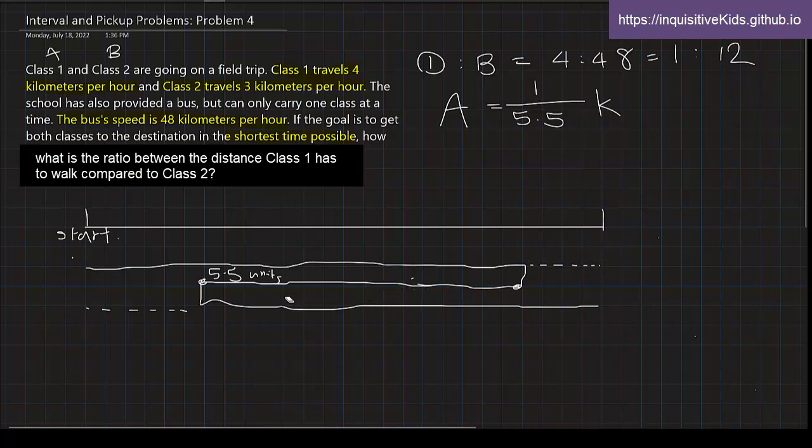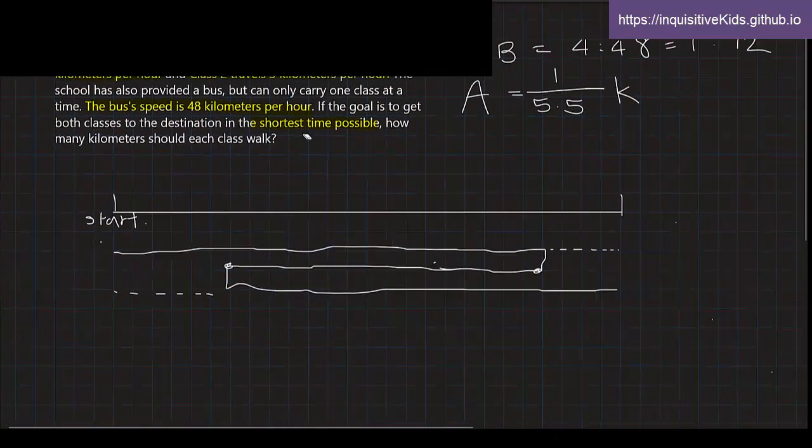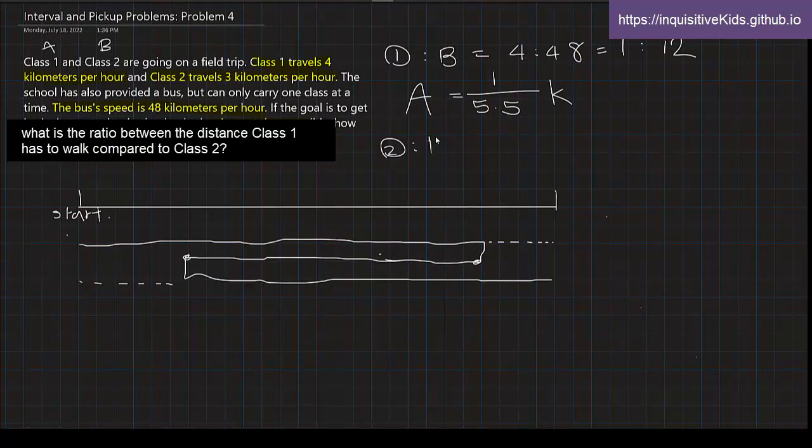And then look at our ratio of the speed between Class 2 and the bus. Class 2 to the bus, their speeds would be 3 to 48, and if we simplify that, we get 1 to 16.